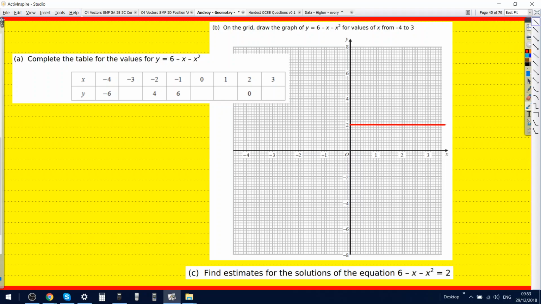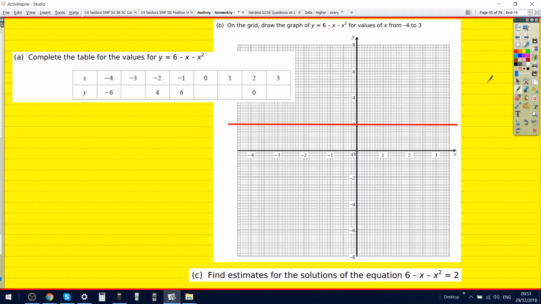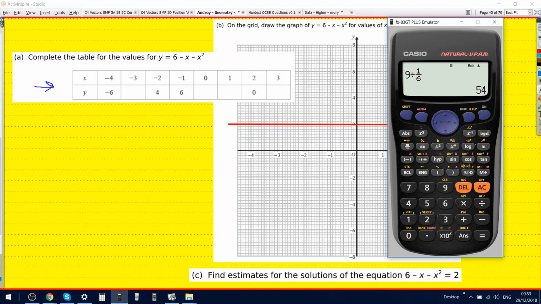Yeah, and how would you do the first part? The table. All right. So is this where you get your calculator? Yeah. And then you say table. Also mode. Yeah. Sorry, 3. Then you do 6 minus x squared.